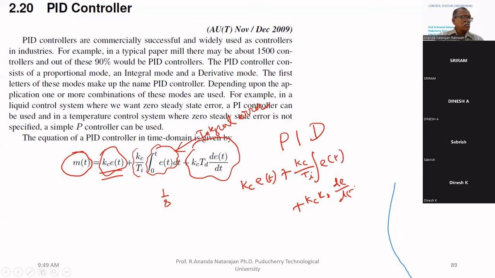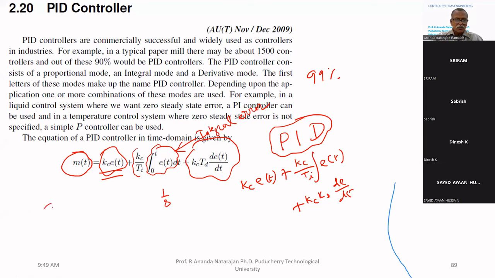If we give all compensations together, then it is called the PID controller. This controller is used in most industries. 99% of the controllers in the world are PID controllers.